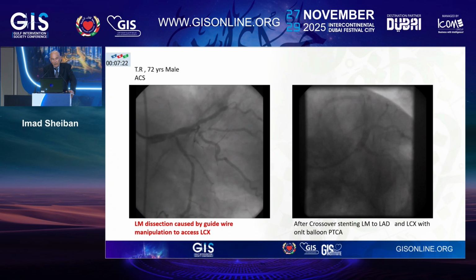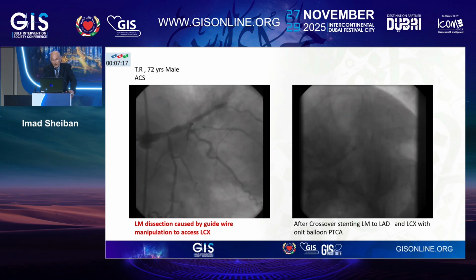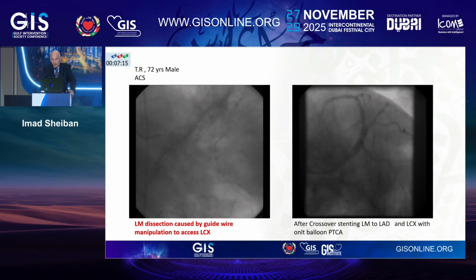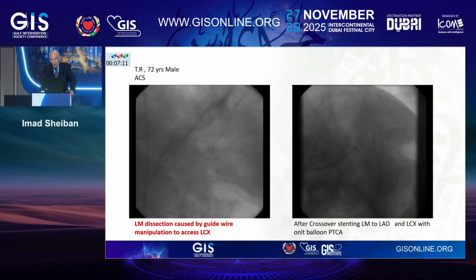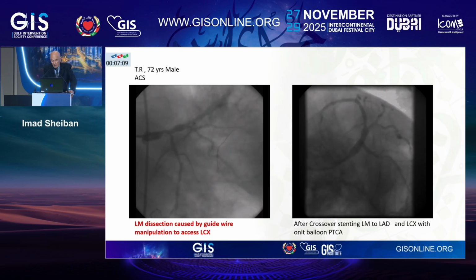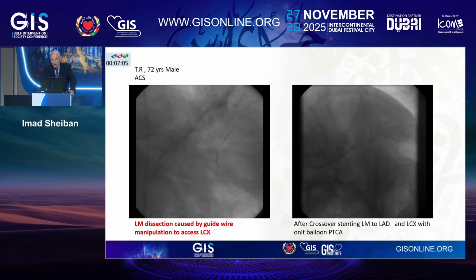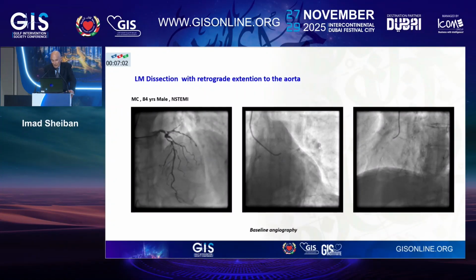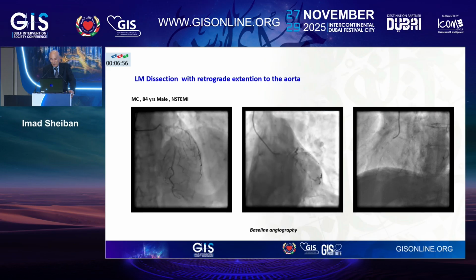And again, if you still have any wire there, we were lucky to wire the LAD and stent crossover to the LAD, and then to recross and treat the ostium of the circumflex.